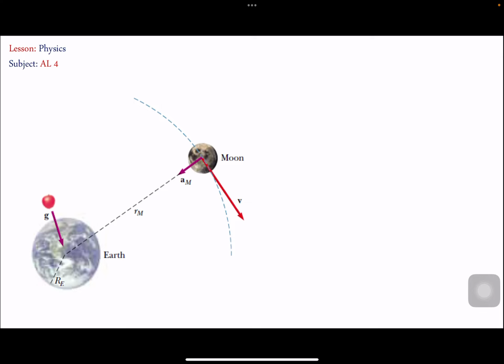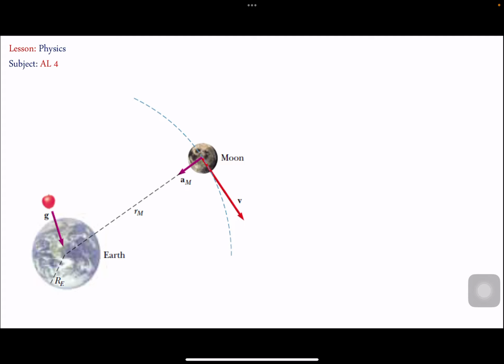Now, suppose that, first of all, the closest satellite, the closest object for us, is the Moon, which is moving around us.